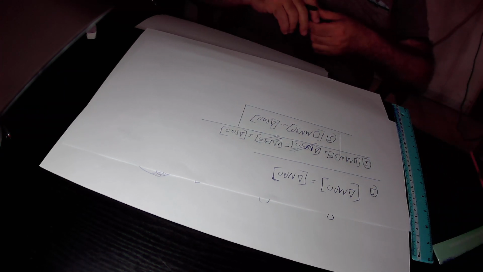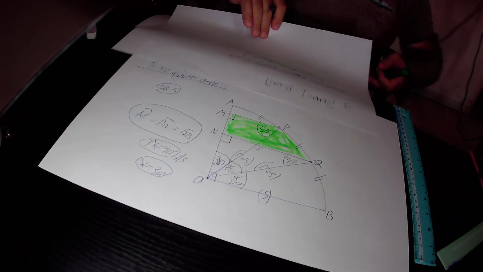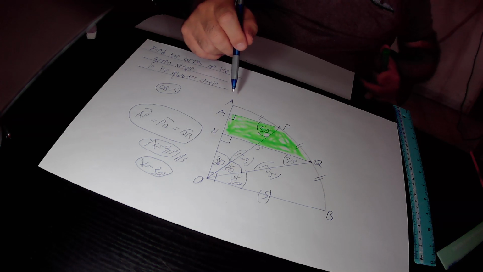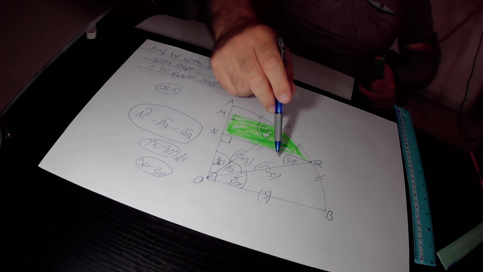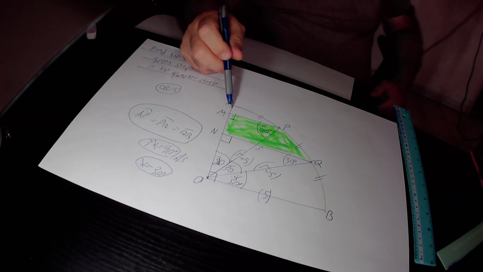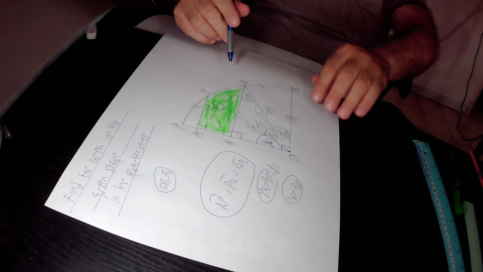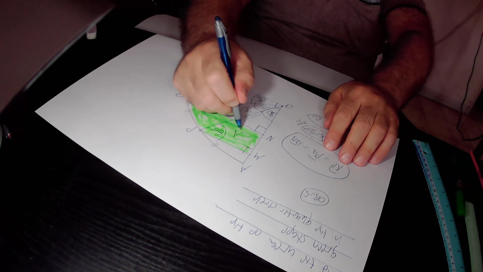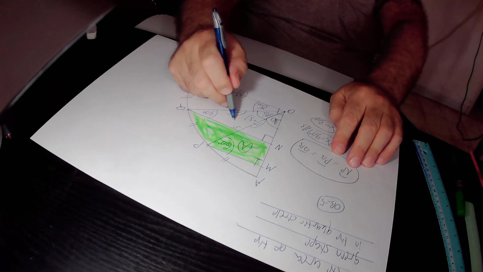So I found out that the area of this quadrilateral MNSP is equal to the area of this triangle SQO. So if you define the area of this quadrilateral MNSP as A, then the area of this triangle OQS must also be equal to A because they are equal to each other.